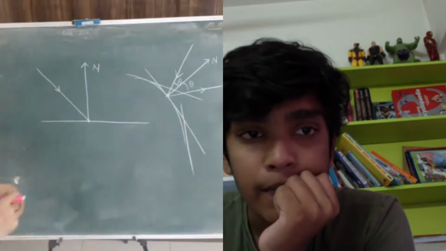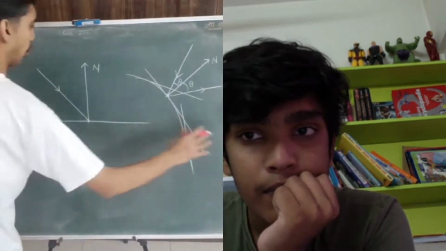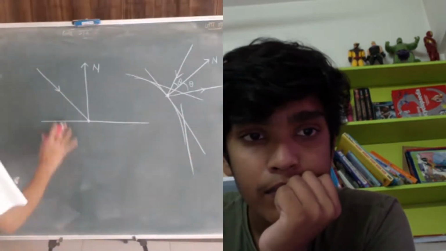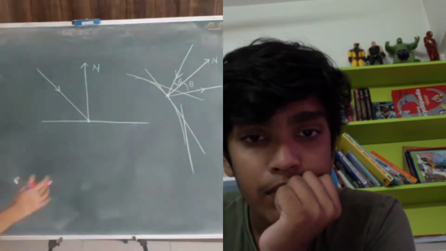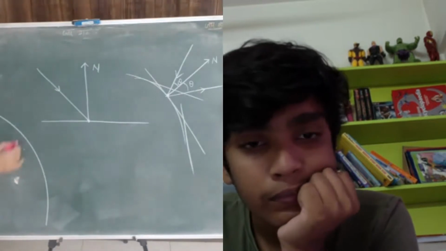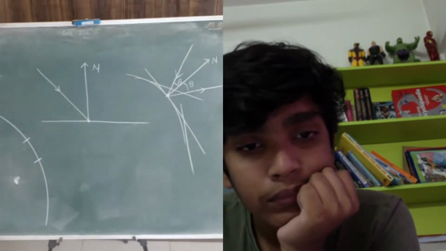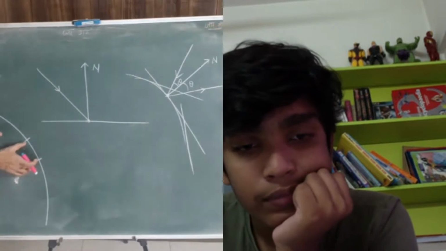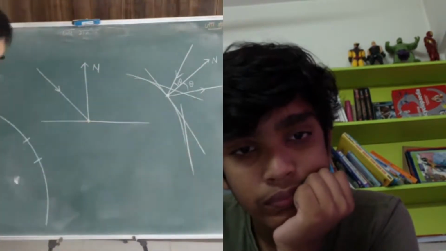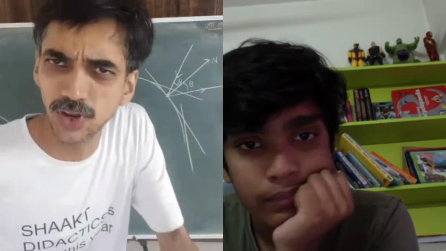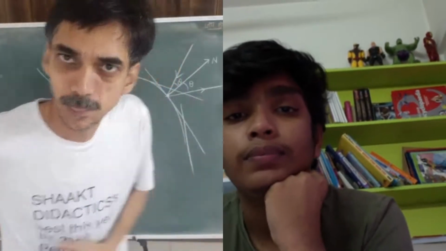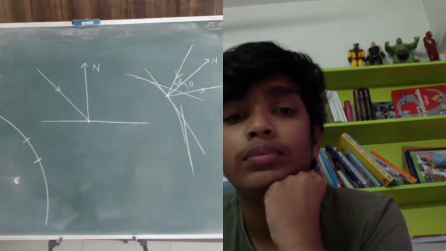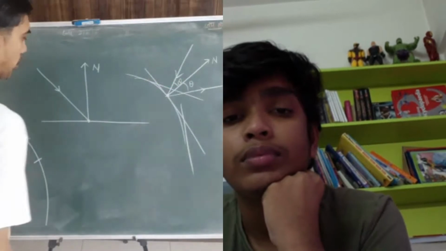Again, we have a surface. This is, of course, part of a larger surface. I'm taking a very small aperture, so we can assume it to be horizontal, parallel to the ground.